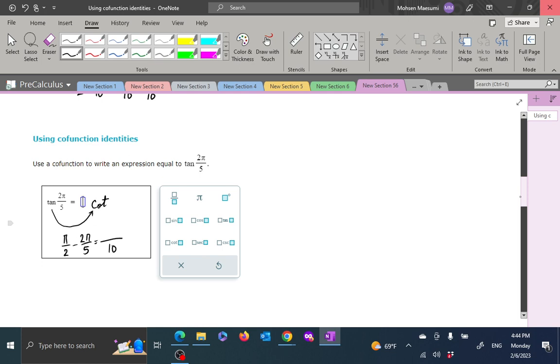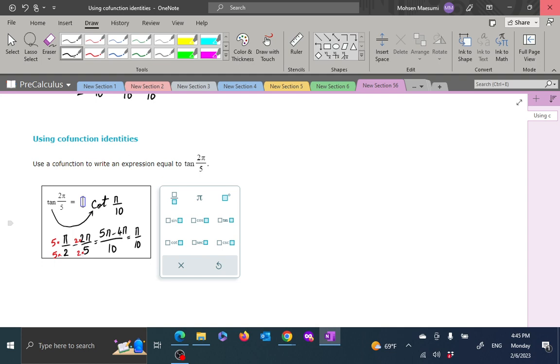I have to multiply numerator and denominator of this by 5 to make the same denominator, and multiply numerator and denominator of this by 2 to make the denominator 10. The numerators become 5 pi minus 4 pi, and the answer becomes cotangent of pi over 10.